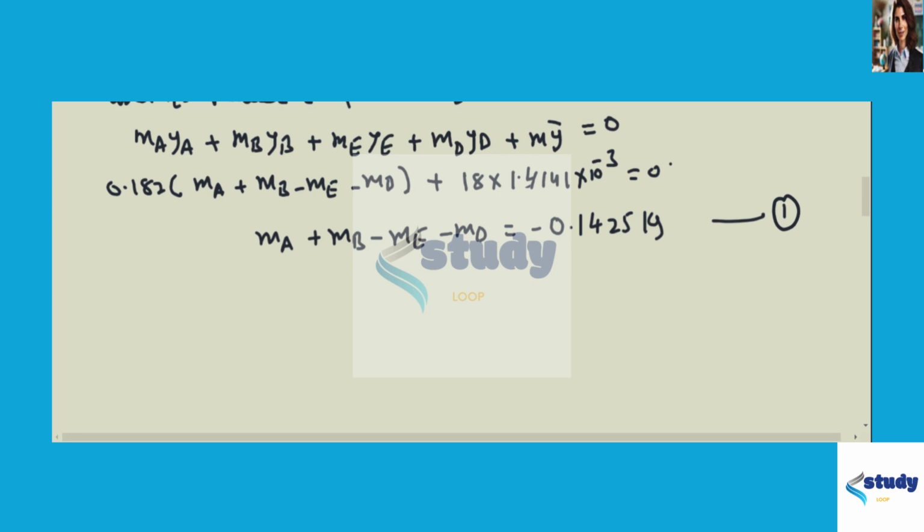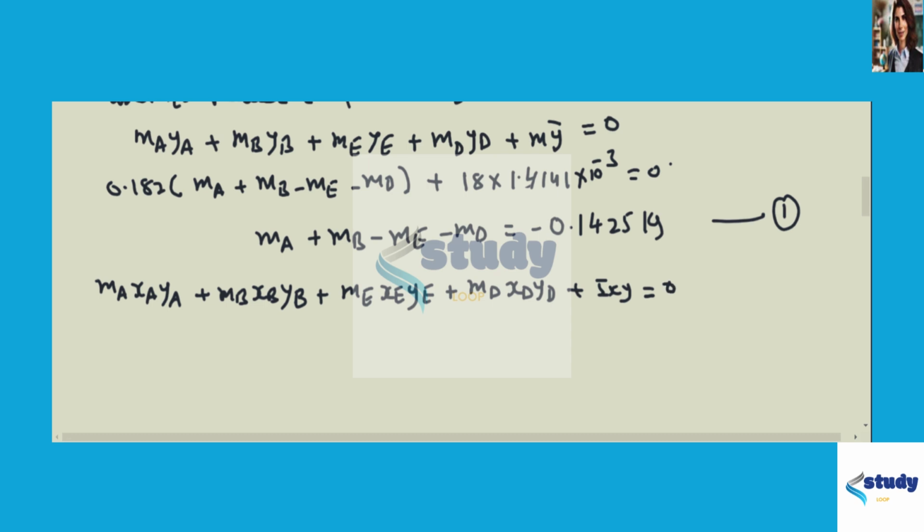Now MA XA YA plus MB XB YB plus ME XE YE plus MD XD YD plus Ixy to be 0. From here, the product of XA YA and the others we can take common because each has the same value.